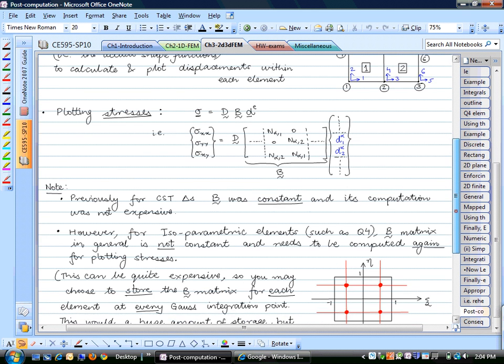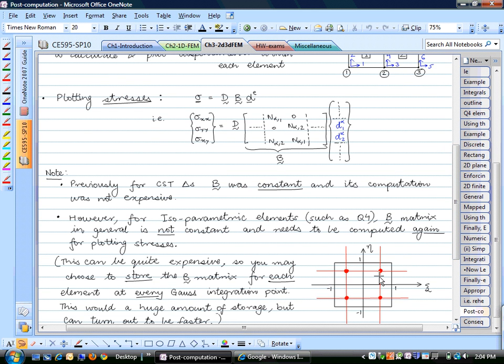So for example, if we were using 2 cross 2 Gauss quadrature, we constructed that B matrix at this point, this point, this point, and this point. And that B matrix at all those 4 points is going to be different. So if you want to calculate the stresses now, you can calculate the stresses using those B matrices at those 4 points, but you would have to construct that B matrix all over again, and that can be quite expensive.